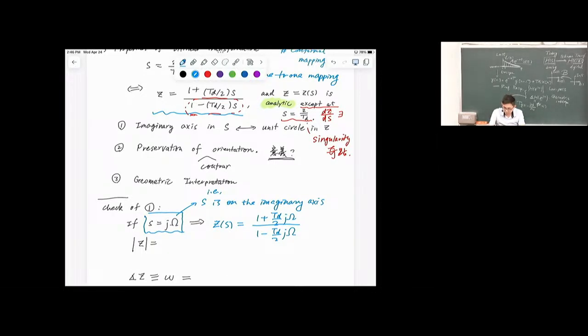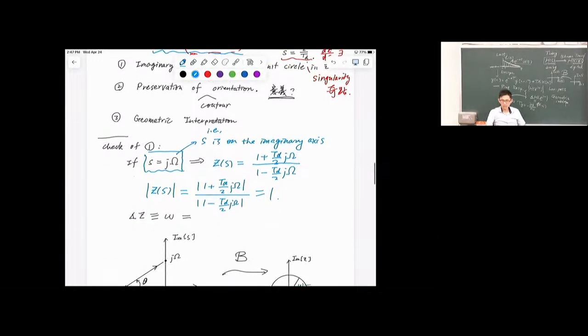Z of S, if you consider its radius, can we all see that the radius is 1? Why?